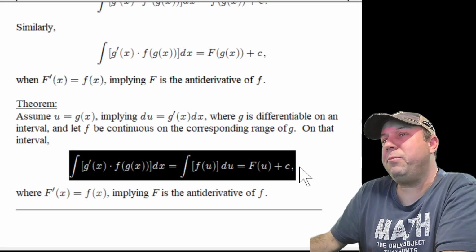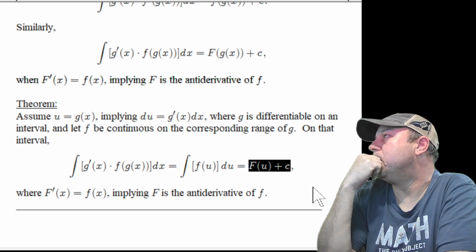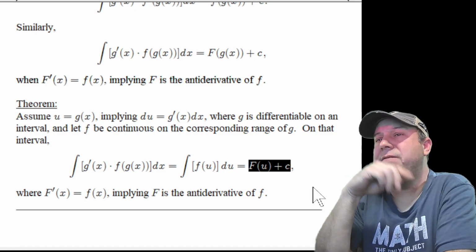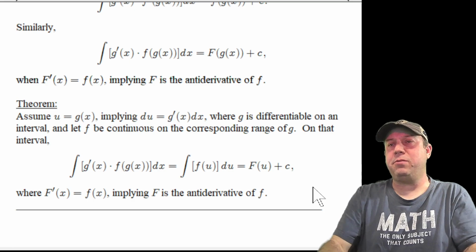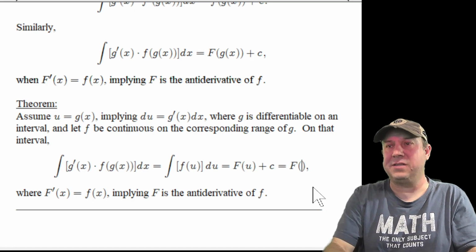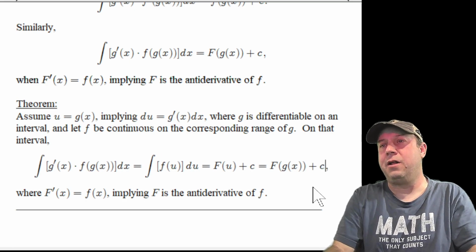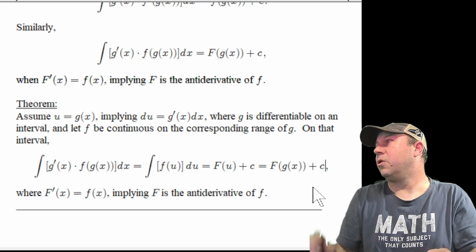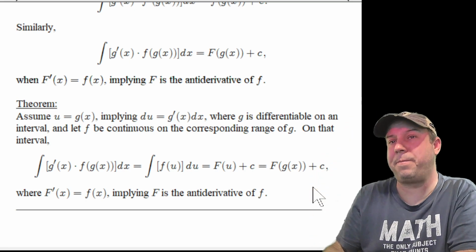And what we end up with is this statement here, which is the antiderivative of f at u plus c, which I probably should take a step further and note is going to be the antiderivative of f at g, all added to the arbitrary constant value of c, where g replaces the u in our final calculation.